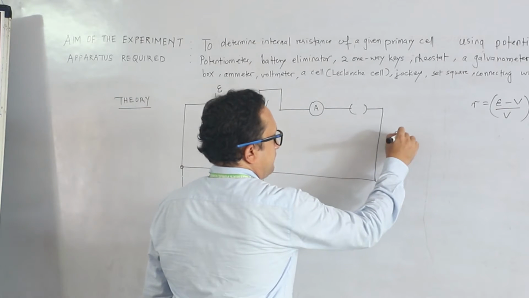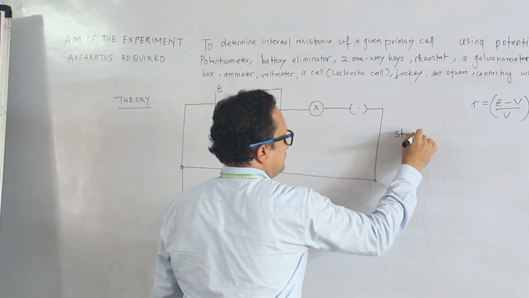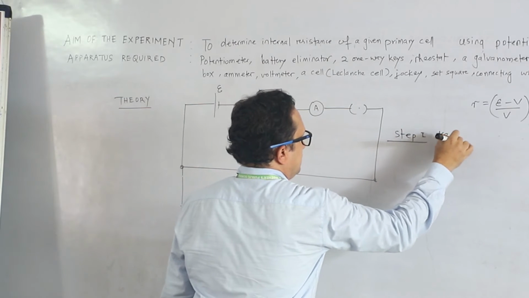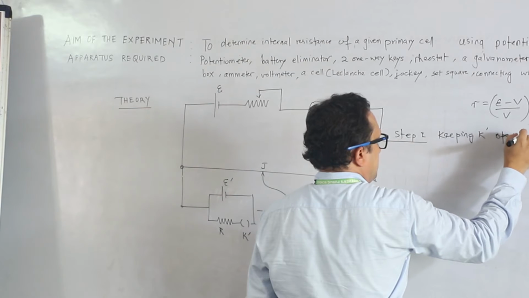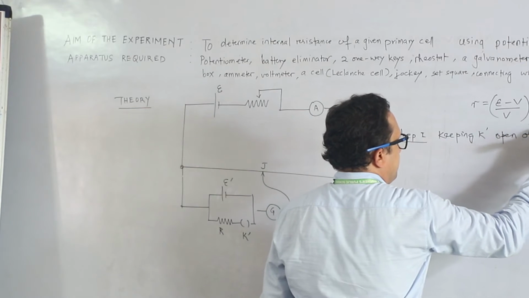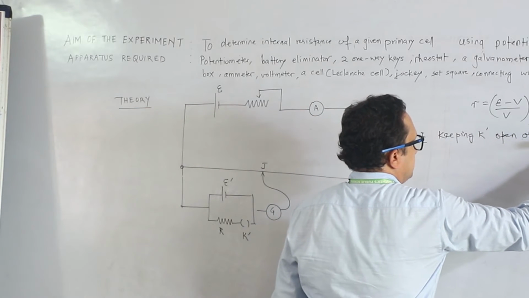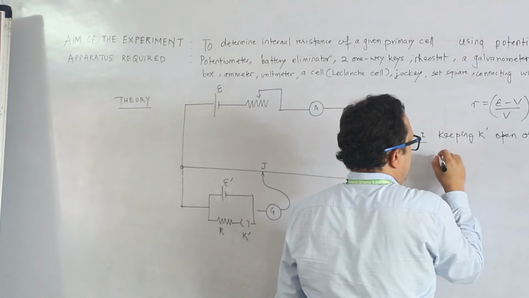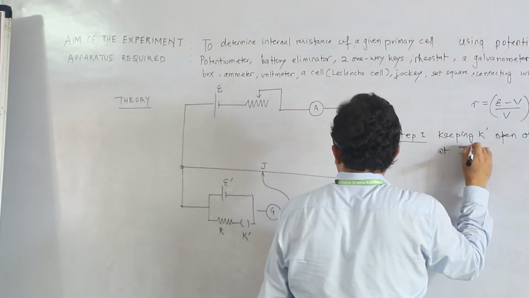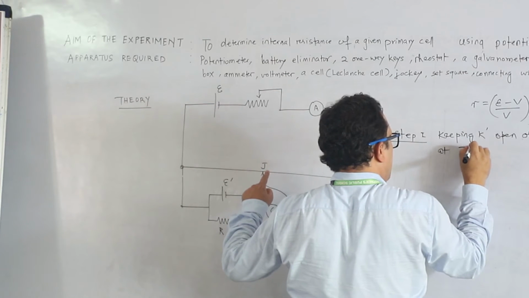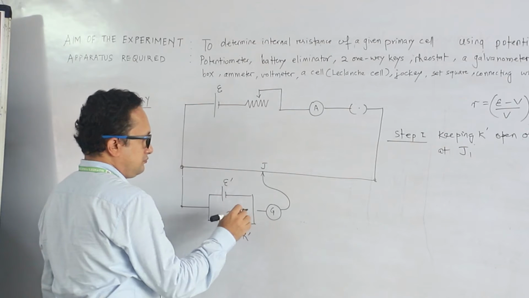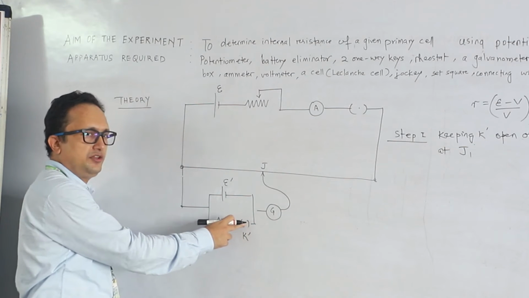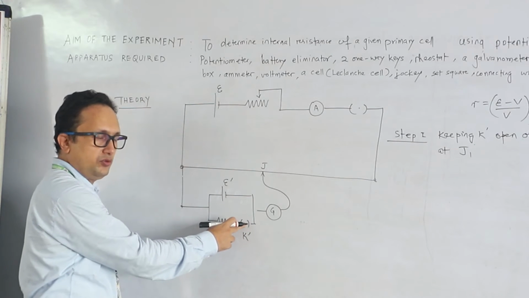Step 1. Keeping K prime open, obtain the balance point, say at J1. Suppose you have this K prime open, so no current is going through it.